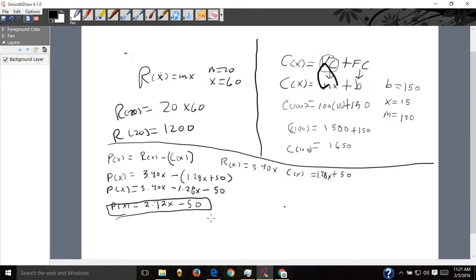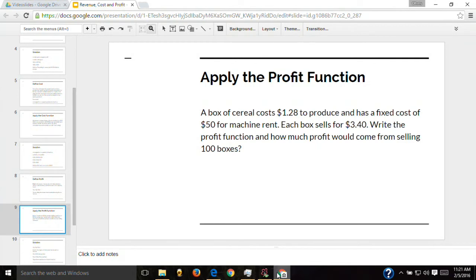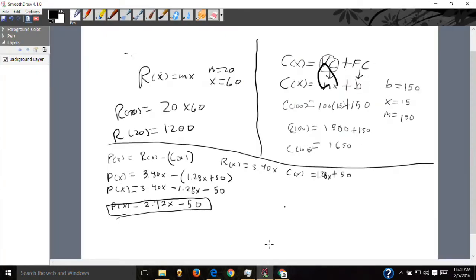Alright, so now I need to answer the second part of that question. Write the profit function and how much profit would come from selling 100 boxes. So I'm going to use this equation I just solved for, but I'm going to put in 100 boxes for x. So 2.12 times 100, minus 50.